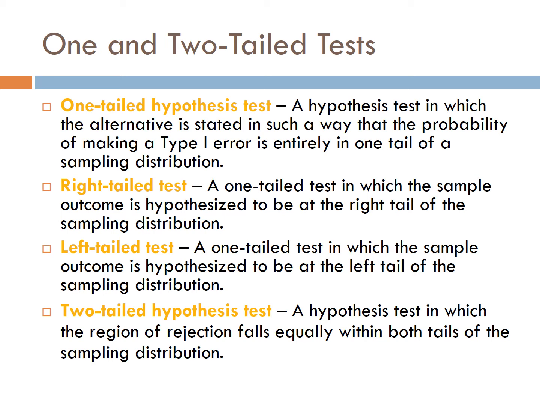Right tail test: a one-tail test in which the sample outcome is hypothesized to be at the right tail of the sampling distribution. Left tail test: a one-tail test in which the sample outcome is hypothesized to be at the left tail of the sampling distribution. And in this class we use the two-tailed hypothesis test, in which the region of rejection falls equally within both tails of the sampling distribution.